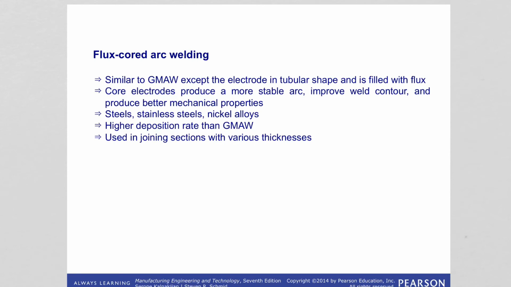So another example is flux core arc welding. This is similar to gas metal arc welding. In this case, the electrode is tubular and, as the name implies, filled with flux. That is where the term flux core comes from.